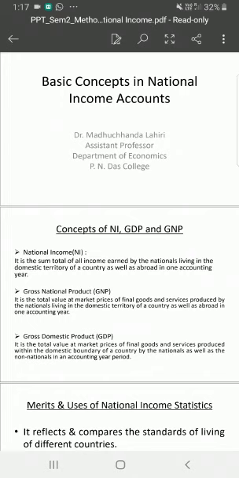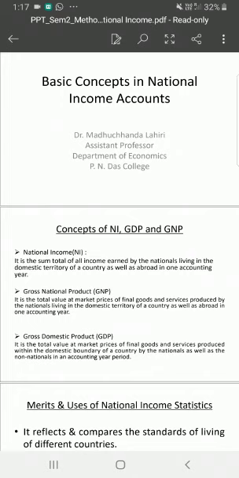They were not included in the calculation of gross domestic product or any concept related to domestic product, whether it's gross or net. So the non-nationals living within the domestic territory have to be removed, and the nationals living in the abroad region have to be included to get a perfect view of the contribution of the nationals of a country to its national income or the GDP.